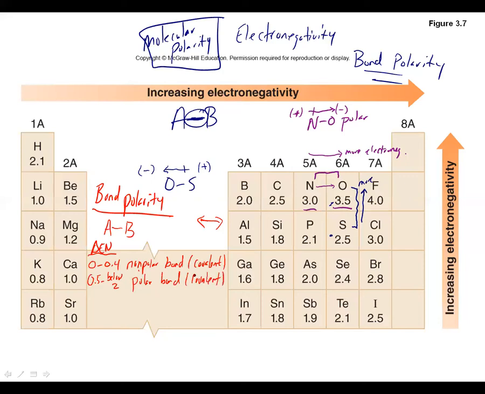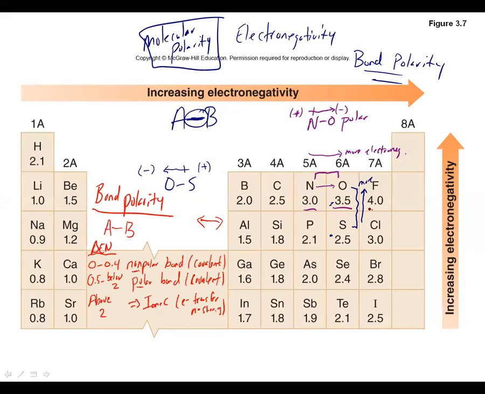Unequal sharing with our polar, equal sharing with our nonpolar. And then typically if it's above 2, you have some type of ionic bond, which is no sharing, electron transfer. And it's a pretty simple table to use.